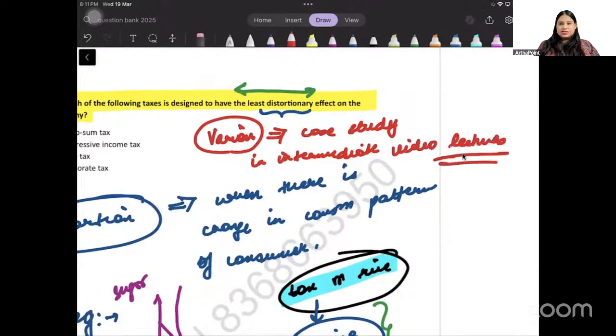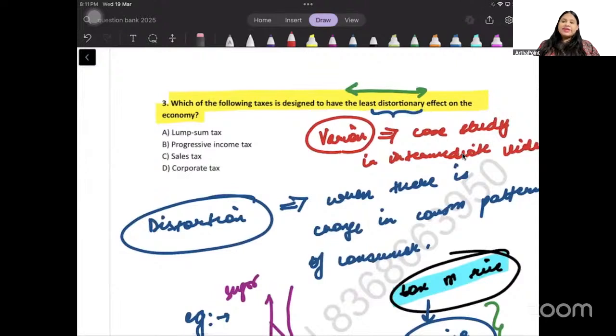We have done this. Ki if we compare the taxes, then lump sum taxes cause the least distortion. एक लमसम टैक्स में डिस्टॉर्शन मिनिमम होता है, वो डिस्टॉर्शन कॉज नहीं करता है, वो प्रेफरेंसेस को नहीं बदलता है.